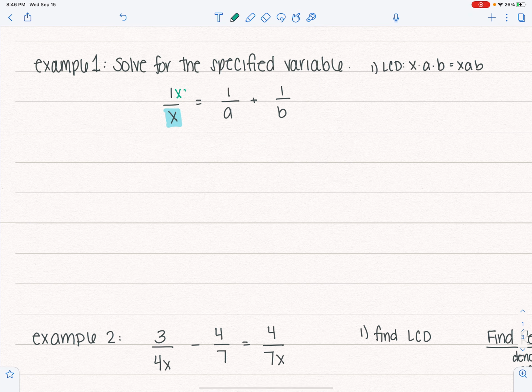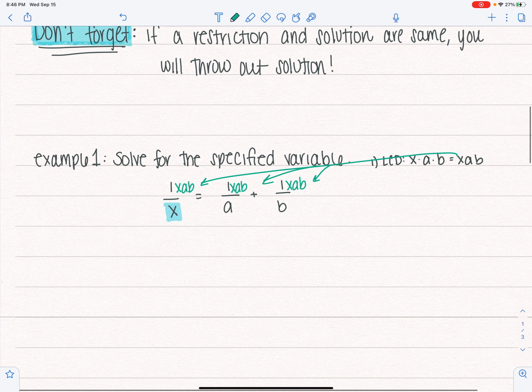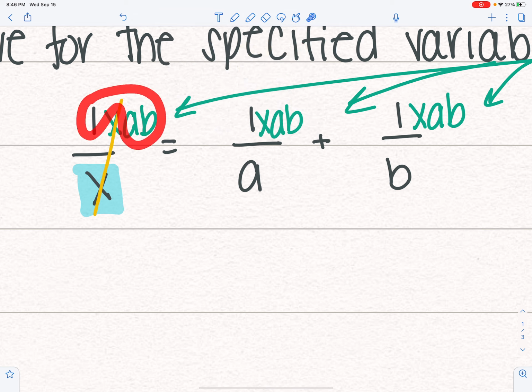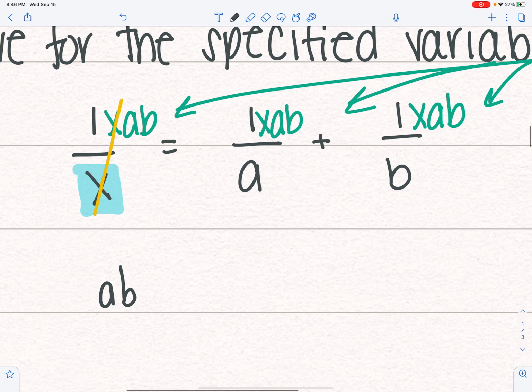So I'm going to have xab, xab, xab. I multiplied the LCD on top of all of them. Now I can do some canceling. In this first fraction, the x's cancel and leave me with 1 times ab, which is just ab.